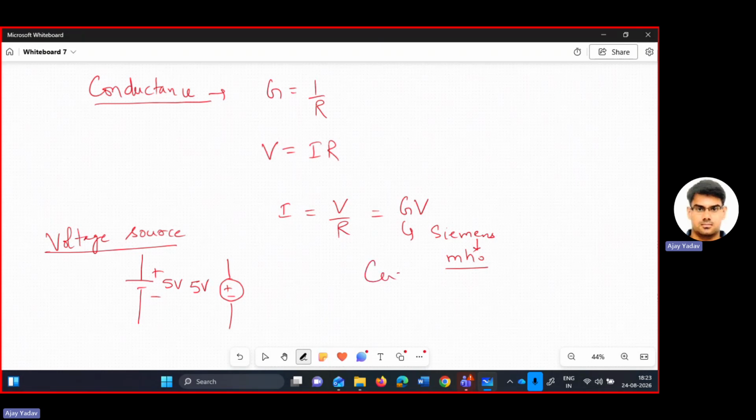For the independent current source, we also use this symbol. Okay. There are other concepts like voltage dependent voltage source and current dependent voltage source, but I won't discuss those here.